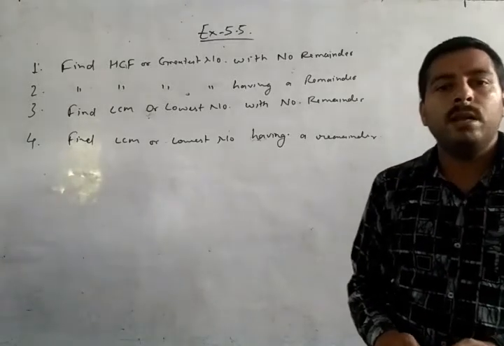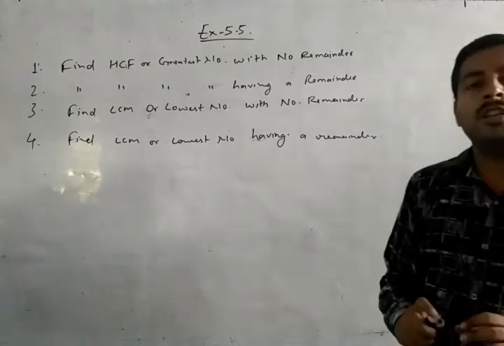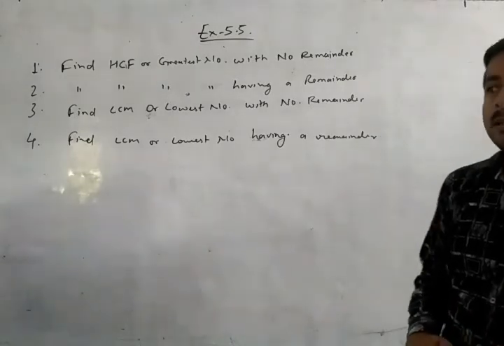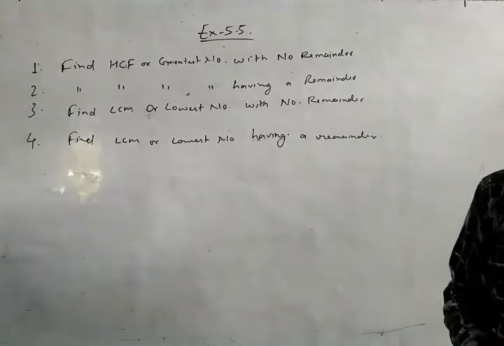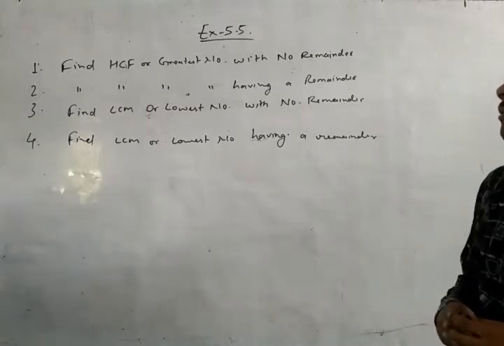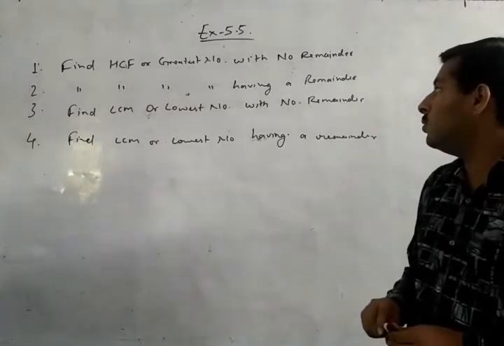Means you have been given some numbers and you have to find the greatest number which divides all those numbers and gives you a remainder. Now the third, find the LCM or the lowest number with no remainder.